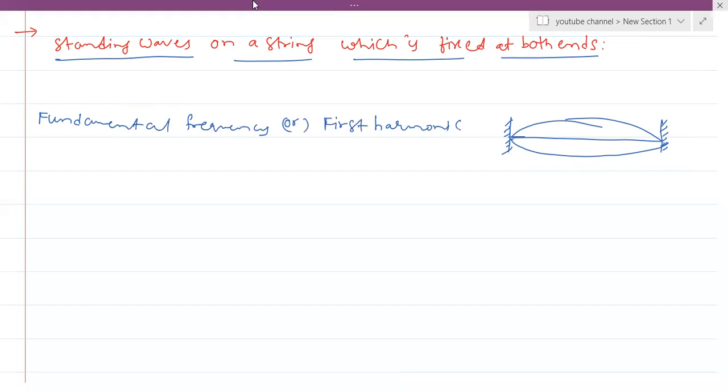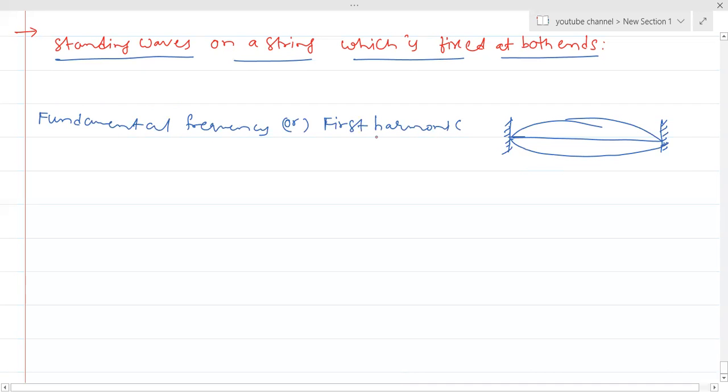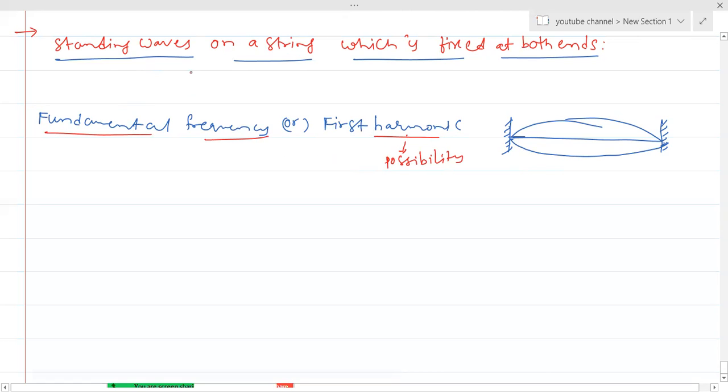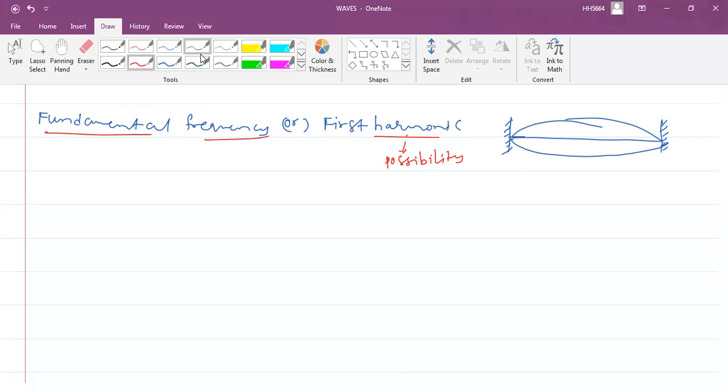Harmonic means this is the possibility. So when we think of fundamental frequency or first harmonic, the first possibility, just we will understand that.